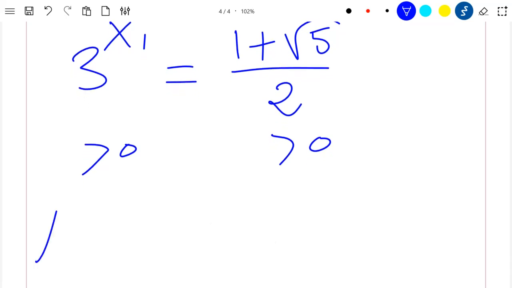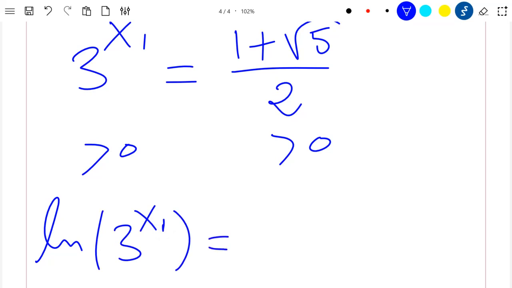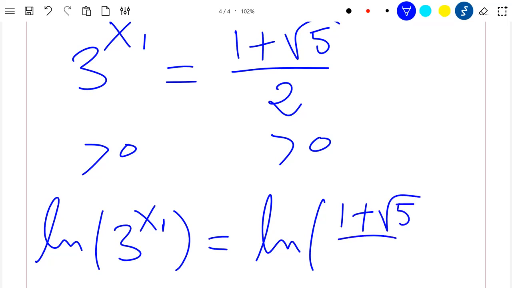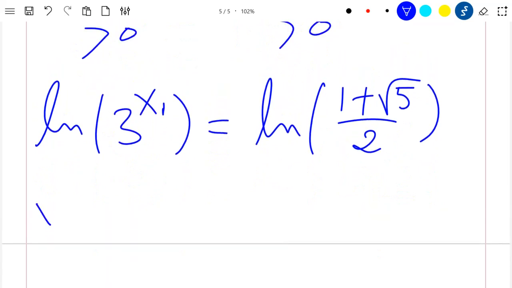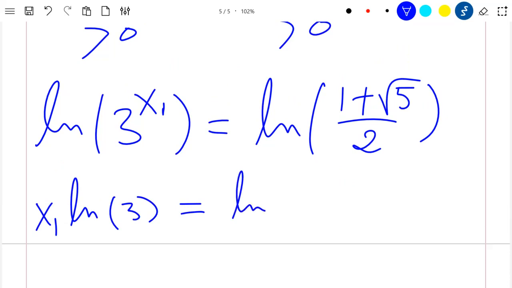I call my log function ln, so ln of 3 to the power x1 is equal to ln of 1 plus the square root of 5 divided by 2. This implies that I have x1 ln of 3 equal to the ln of all this. Let me use the property of ln here: ln of 1 plus the square root of 5 minus ln of 2.